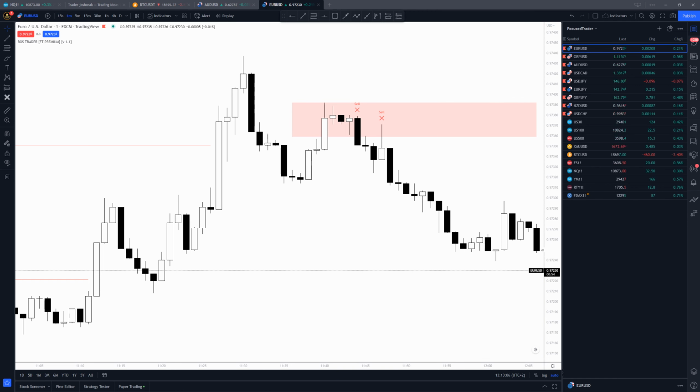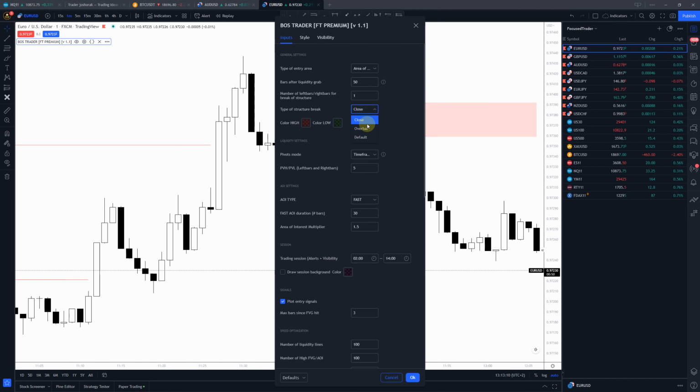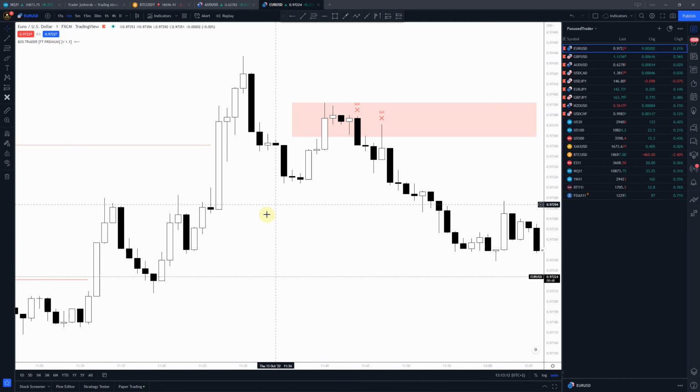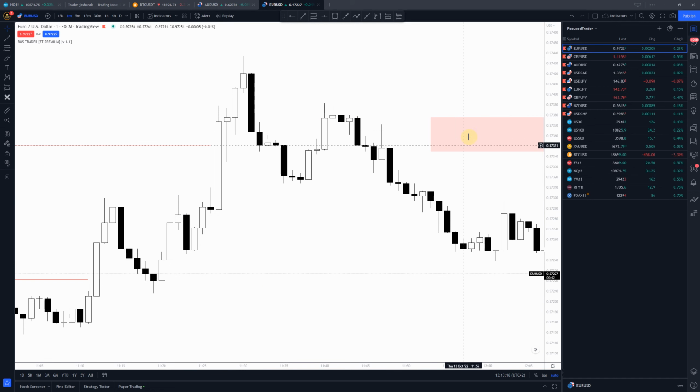And then we have the setting of overbar. And let's see if it changes things. And it does. The area of interest moves here. And why is that so? It is because we seek the structure break when there is a whole candle below this structure point. So it is this one.